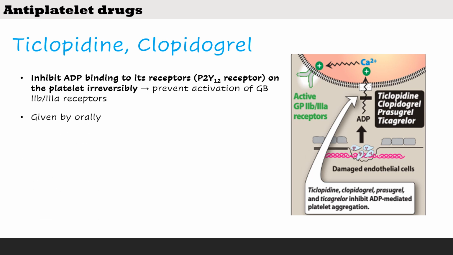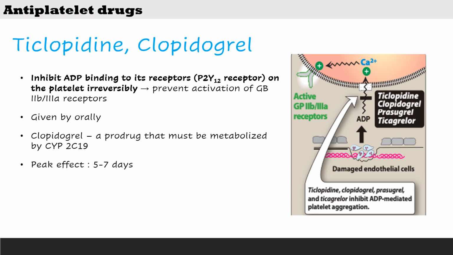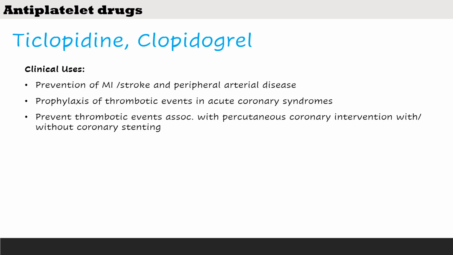So these drugs can be given orally, and clopidogrel is a prodrug that must be metabolized by the CYP enzyme in the liver before it can actually produce an effect. So peak effect is about 5 to 7 days because it also binds irreversibly, and it has an additive effect with aspirin, and it's used to treat or prevent myocardial infarction or stroke or peripheral arterial diseases.